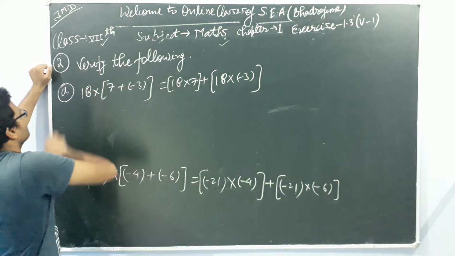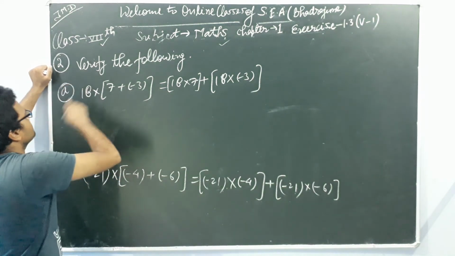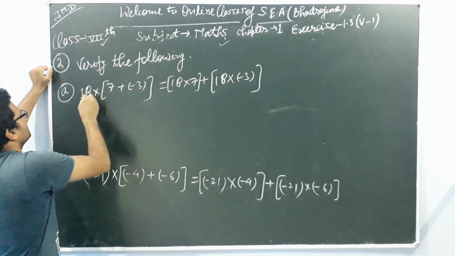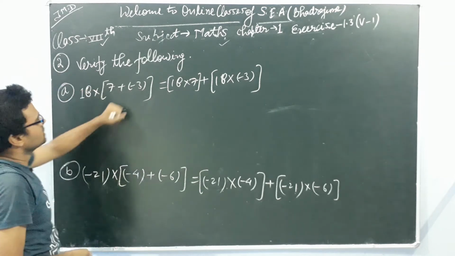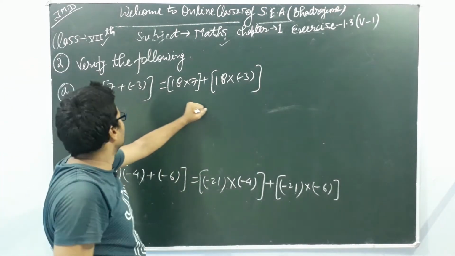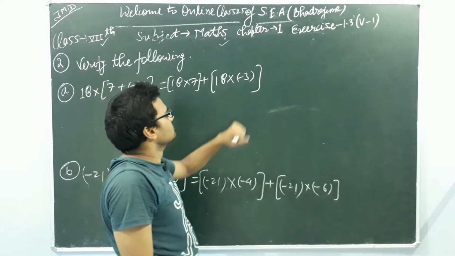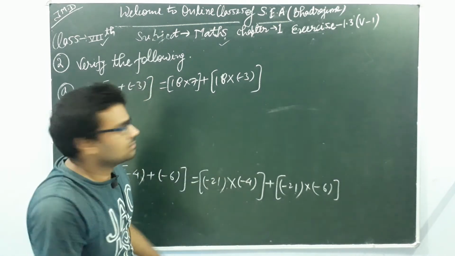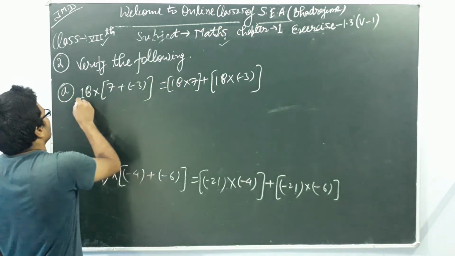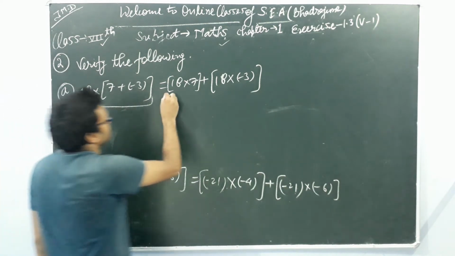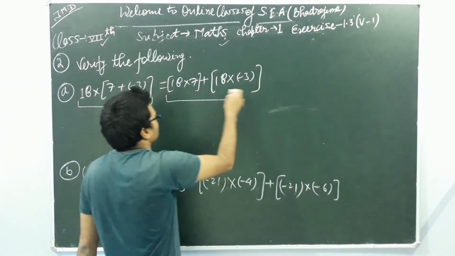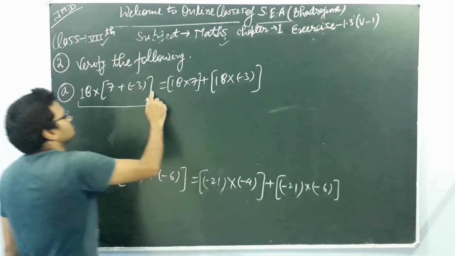Our question number second, part A and B. Okay, so this is our part A, which is 18 multiplied with 7 plus minus 3 equals 18 multiplied with 7 plus 18 multiplied with minus 3. Now we have to show whether this LHS is equal to this RHS or not.